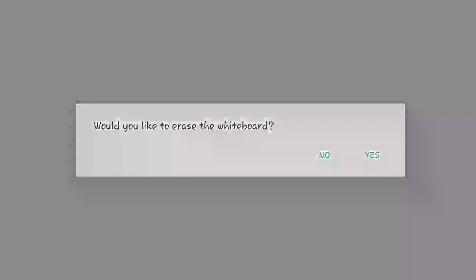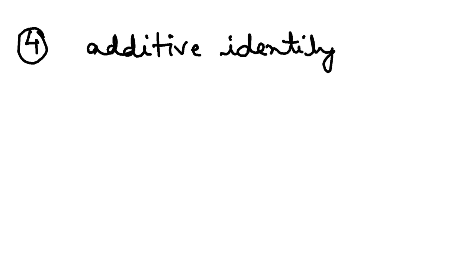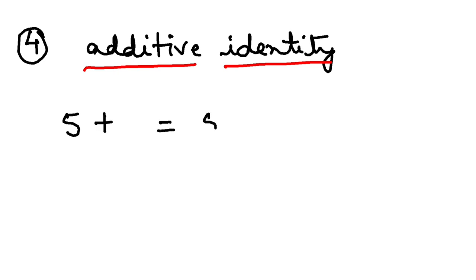Now, property 4. Property 4 is the property of identity, or to be precise, additive identity. There is an integer which, when added to another number, gives the same number. If you take, suppose, 5, there is a number which must be added to it and we will get 5 only.